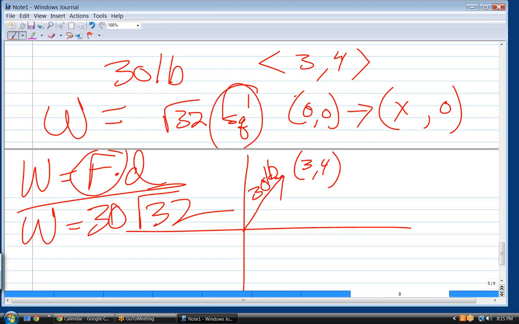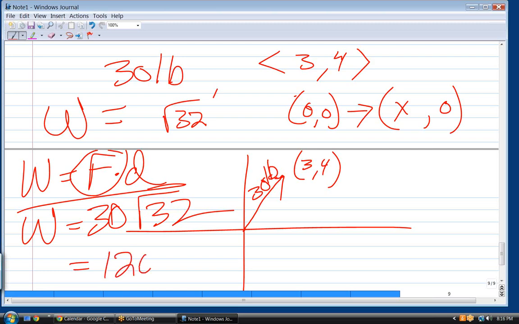No, square root of 32, 32 feet. Okay. Well, the work should be this. Now that does simplify. That square root of 32 is 16 times 2, so that's 4 root 2. So this simplifies to 120 root 2.